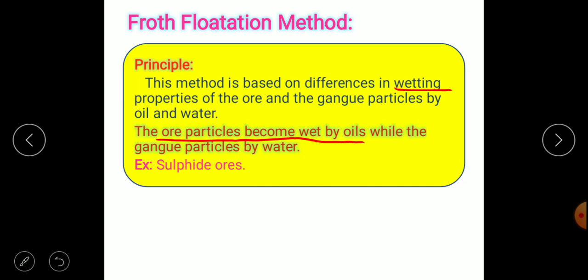Please remember here the ore particles become wet by oils, whereas gangue particles become wet by water. So oil can wet the ore particle, whereas water can wet the gangue particles. For example sulfide ore can be concentrated by this froth flotation method.